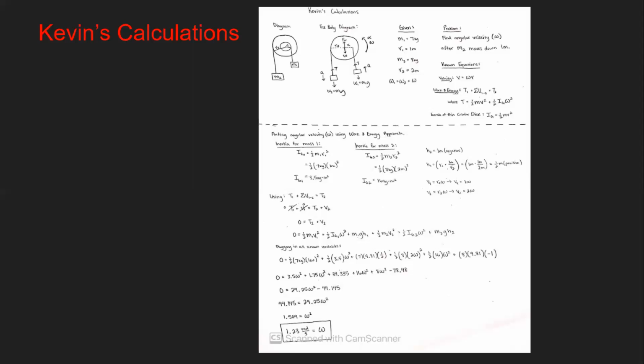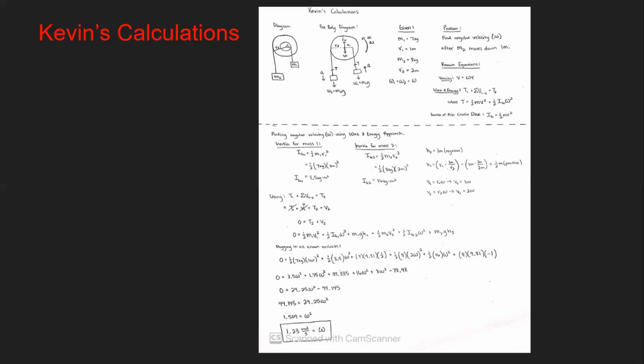So under the dashed line, the first thing we had to do was find the inertia for each circular disk using the formula 1/2 mr squared. So we found the two inertias, and then to the right of that, we noticed that mass 2 is going to be moving 1 meter down. Mass 1 was going to be moving a half meter up, which makes sense because mass 2 is a bit heavier.